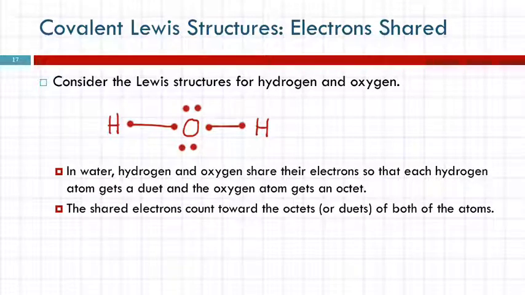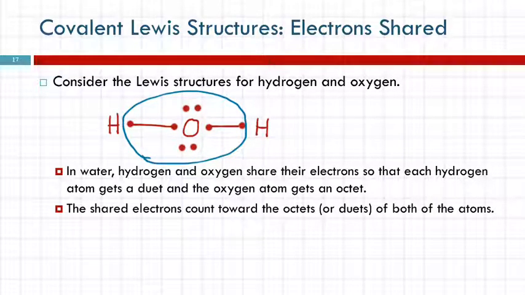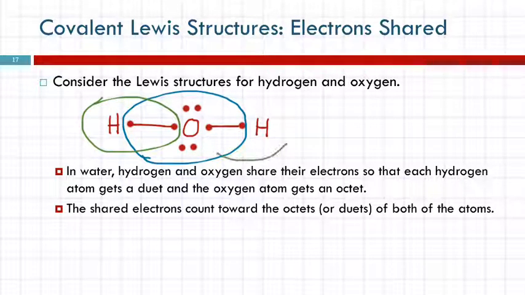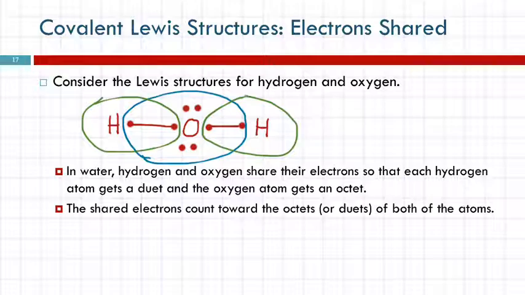So if we were going to look at who's counting what, the oxygen is counting all of these, and each of the hydrogens is just counting what is being shared with it. Yeah, that didn't go very well. So it looks like some sort of weird Venn diagram. It isn't, it's just circles. Any questions?